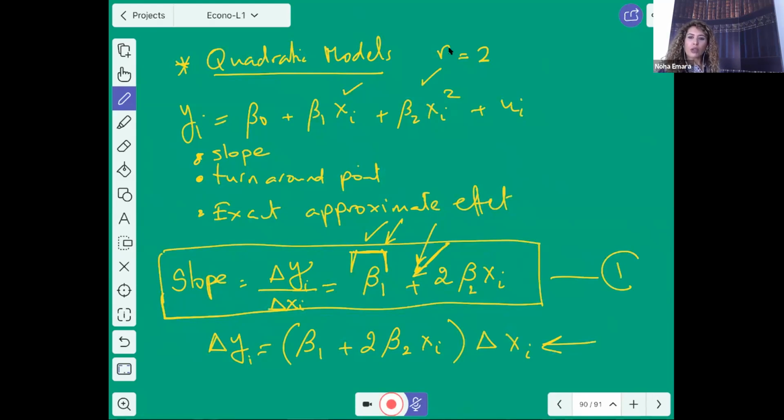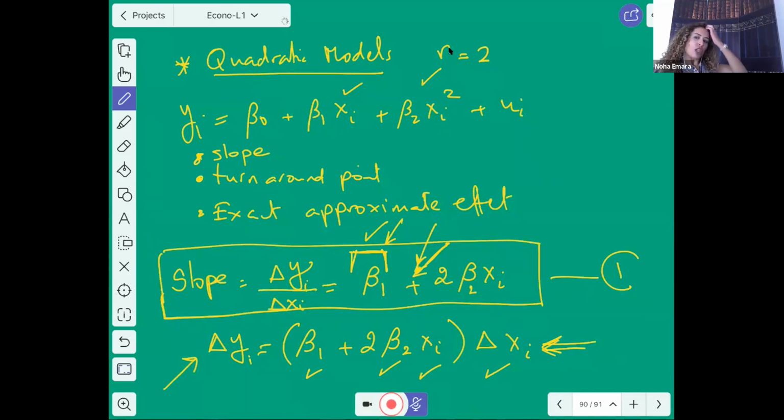If I'm giving you the change in the age of a person by 1 year, and the person is already 20, and suppose I'm giving you the coefficients beta 2 and beta 1, then you can easily compute the change in income. I'm going to show you with examples. When I use this equation, I say this is called the approximate effect.